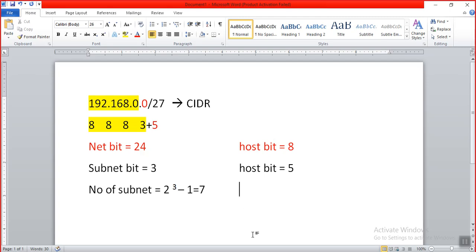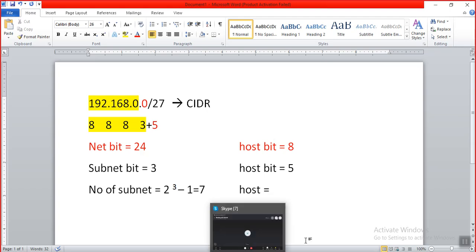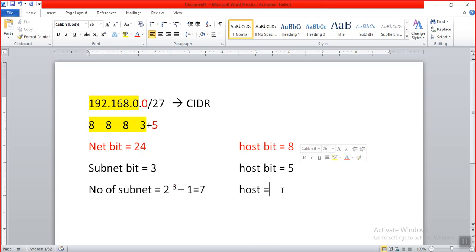And number of hosts, same thing, 2 to the power this 5. So 2 to the power 5 minus 2 equal to 30.